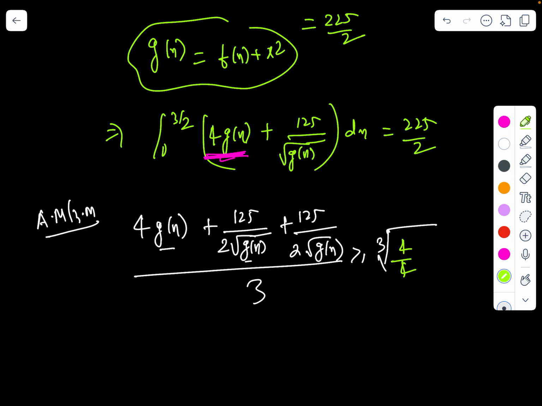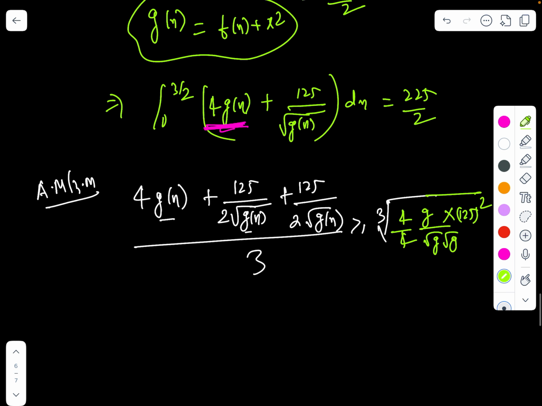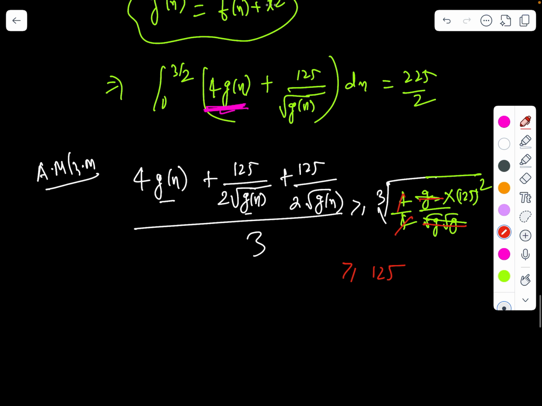It's 4 by 4. This g guy will get killed by root g. Oh, that's so insanely good. And all this will cancel, brother. As soon as it cancelled, I got exactly 125, right. This thing has come to us, 125 into 3.